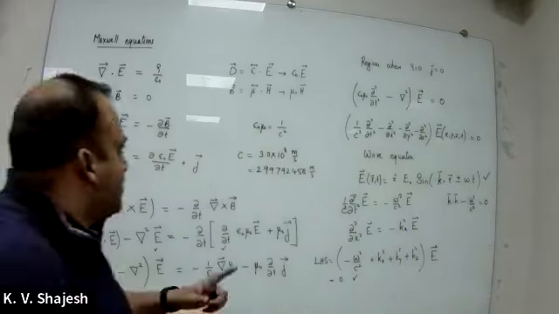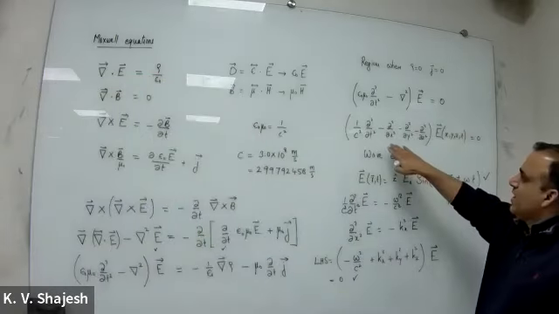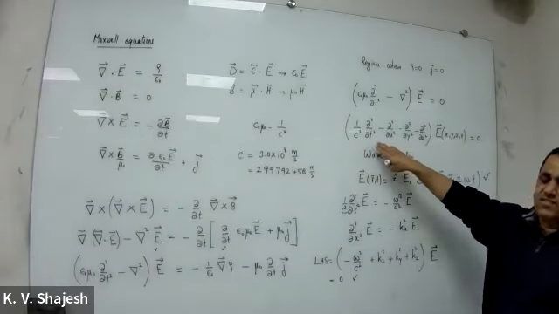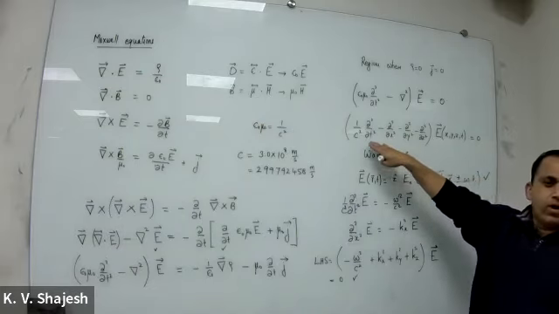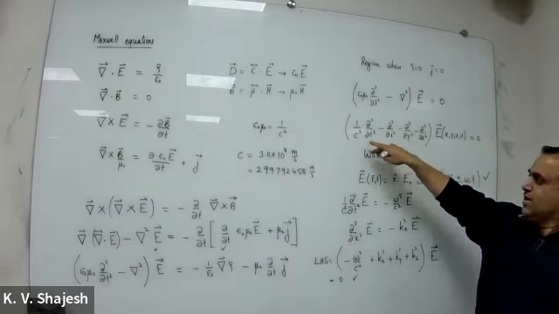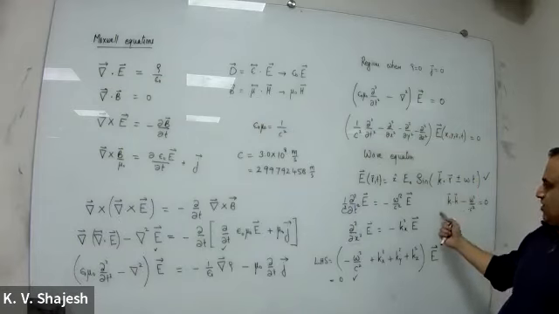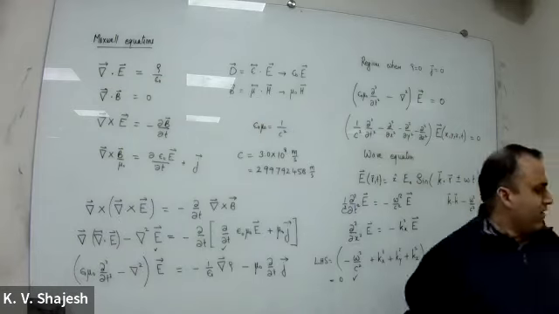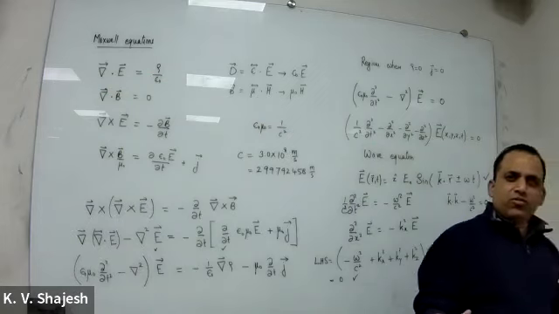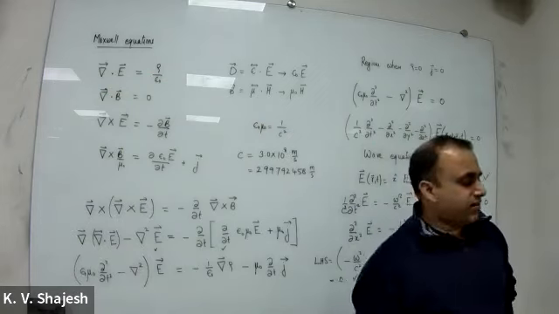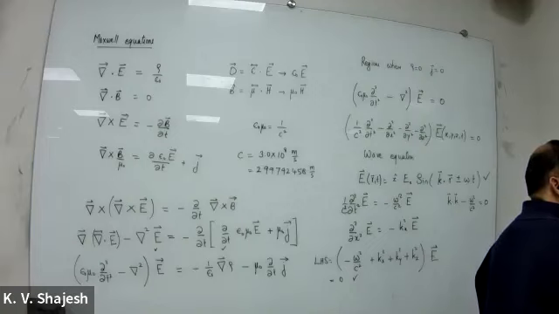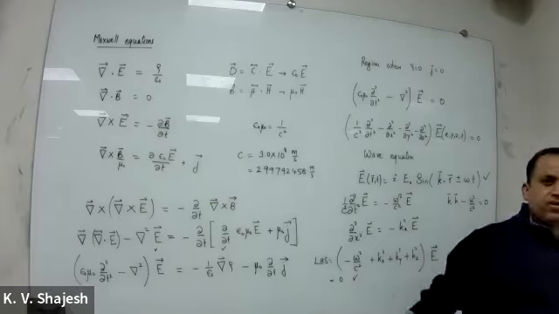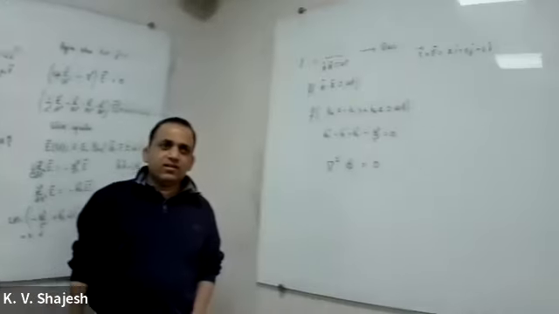So notice, there are three partial derivatives of position, one partial derivative of time, and its solution requires this. In the whole of electrostatics and magnetostatics, we dealt with the Laplacian of phi equal to 0, correct?